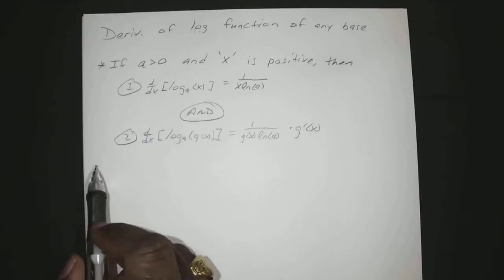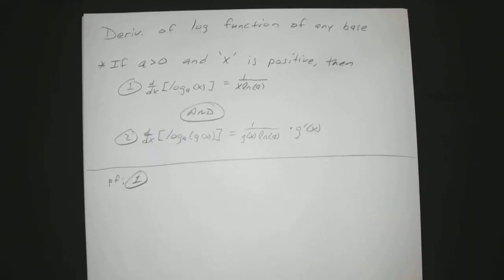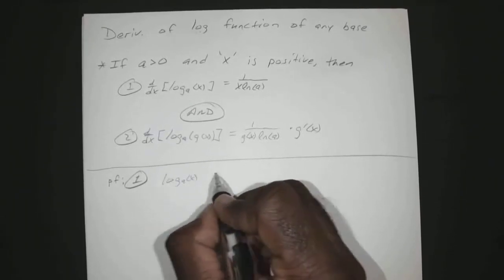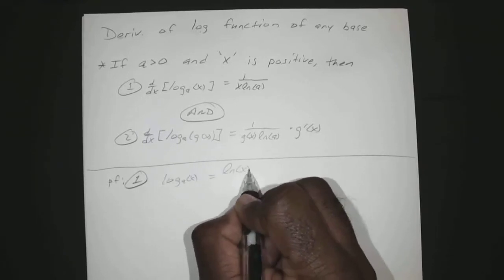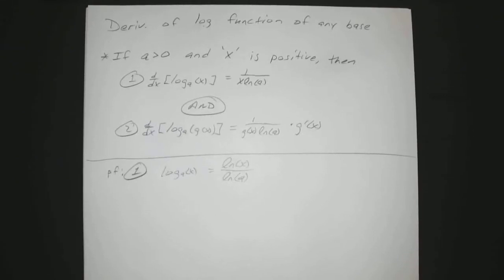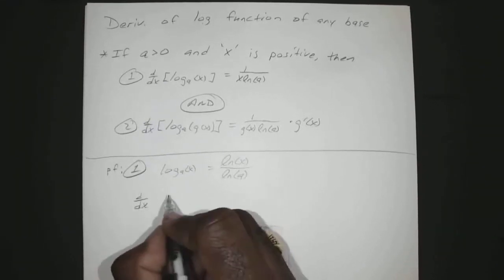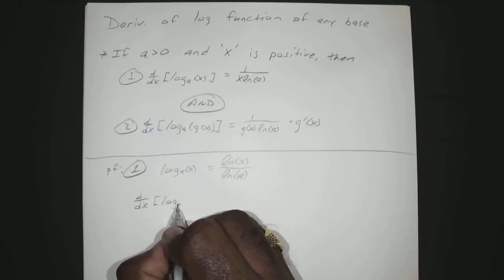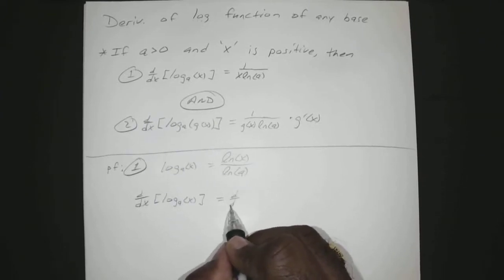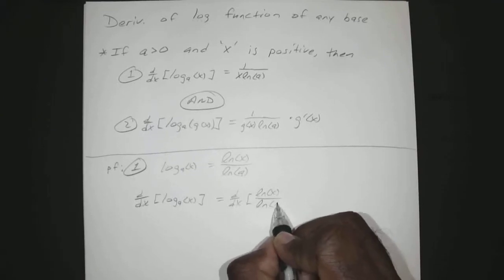Okay, so quick proof of the first one. We know that log base a of x is equal to natural log of x over natural log of a by the change of base formula. So that means the derivative of log base a of x is equal to the derivative of natural log of x over natural log of a.